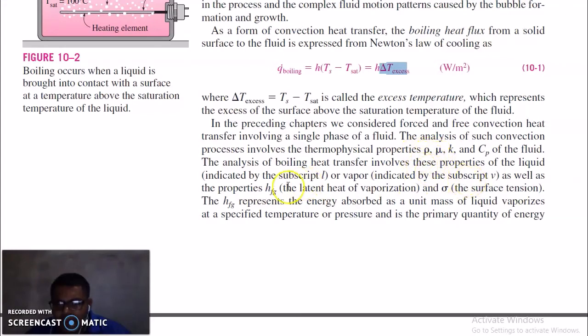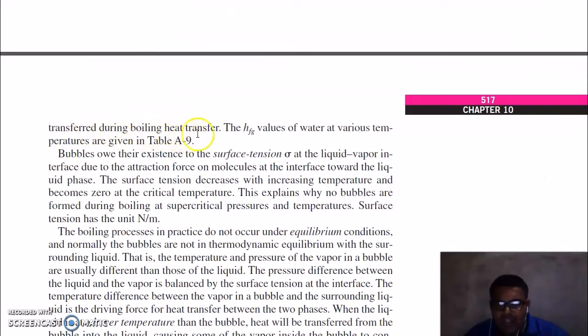Another term we have to include is h_fg, the latent heat of vaporization, and sigma, the surface tension. h_fg represents the energy absorbed as a unit mass of liquid is vaporized at a specific temperature or pressure, and is the primary quantity of energy transferred during boiling heat transfer.